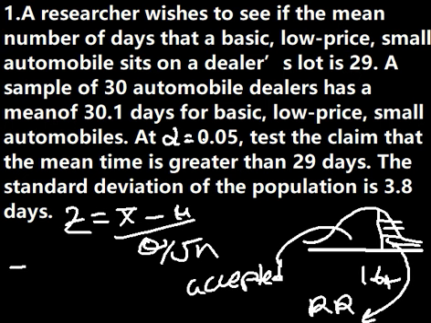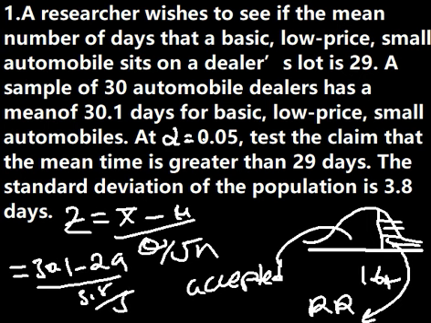In this case, what is x bar? That is the sample mean, which is given as 30.1, minus mu, which is 29, divided by the standard deviation, which is 3.8, divided by the square root of the sample size, which is 30.